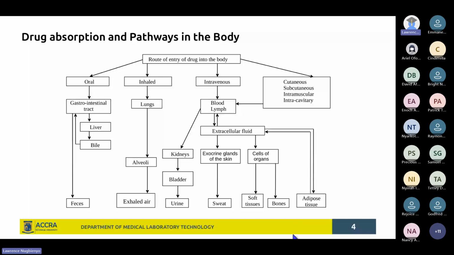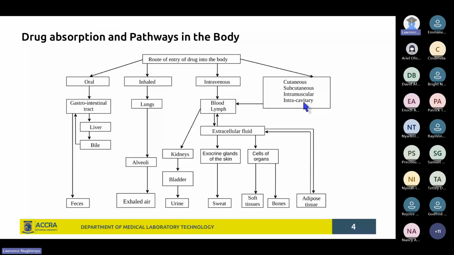You do have also some other routes of administration of drugs, like the cutaneous, subcutaneous. So these ones will go into the skin or under the skin. You have the intramuscular. So this will be directly into the muscle. And you have intracavity.